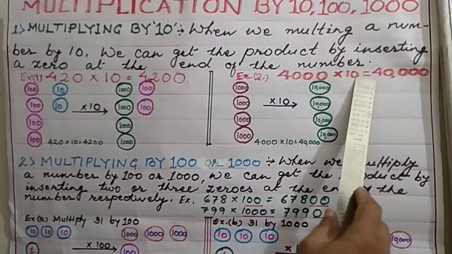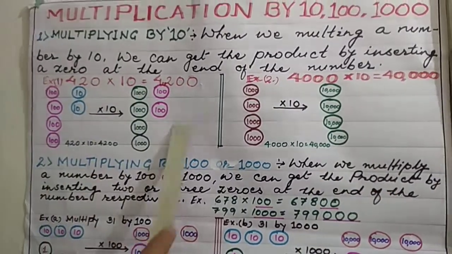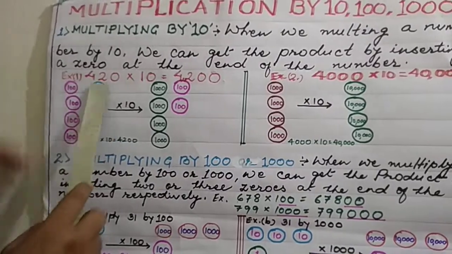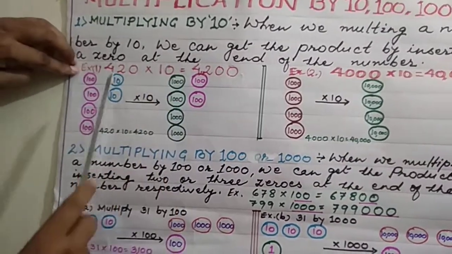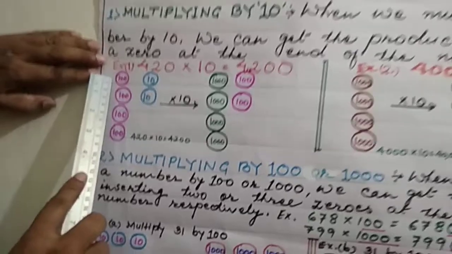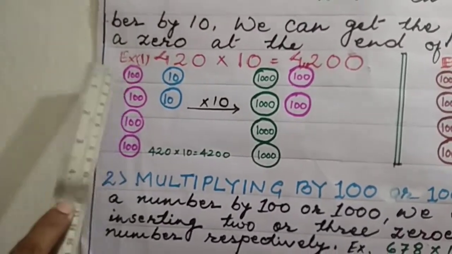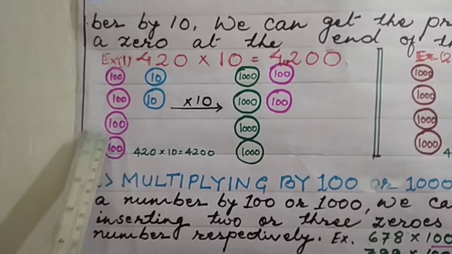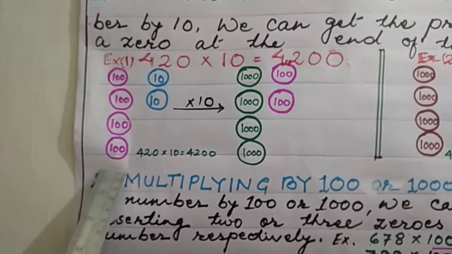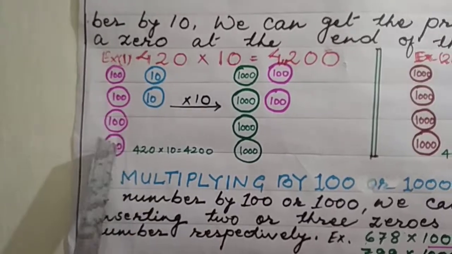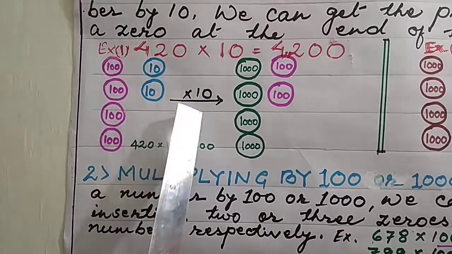Alright. So this can be shown diagrammatically also. Here I am multiplying 420 into 10. For 400, each counter denotes 100, like 100, 100, 100, 100, and this becomes 400. And here 20 is 10, 10. We are multiplying this by 10.